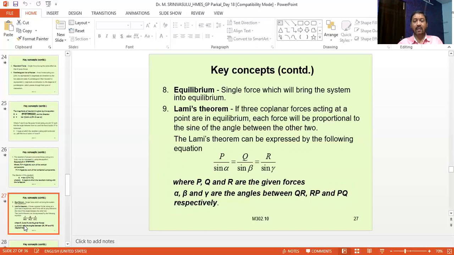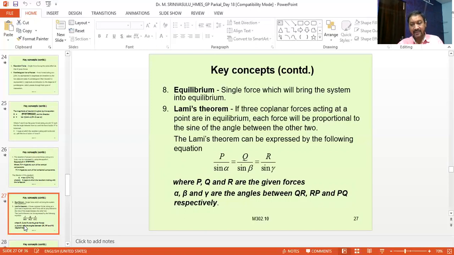Here, alpha is nothing but the angle between the other two forces when P is taken. When P is considered, the other two forces are Q and R, so alpha is the angle between Q and R. Beta is the angle between P and R, and gamma is the angle between P and Q. So P by sin alpha is equal to Q by sin beta is equal to R by sin gamma.